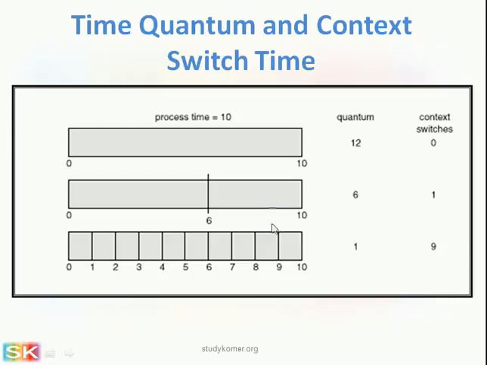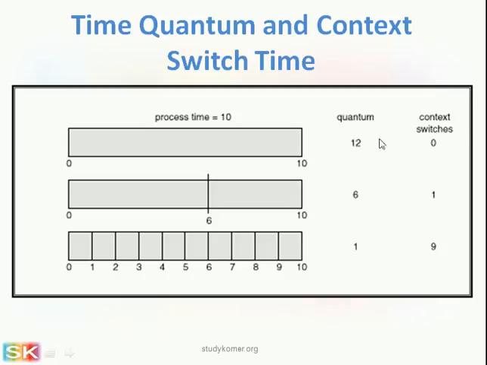So if we say that it takes TC time for a context switch, then in this last case total context switch time is equal to 9 into TC, whereas in the second case it is only TC and in the first case it is 0, right?